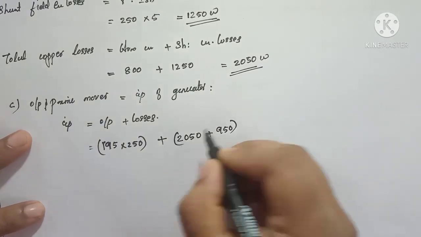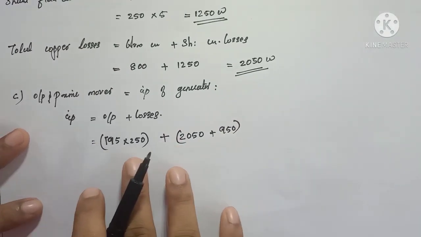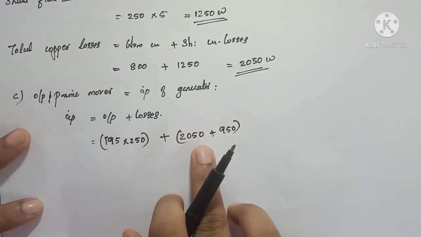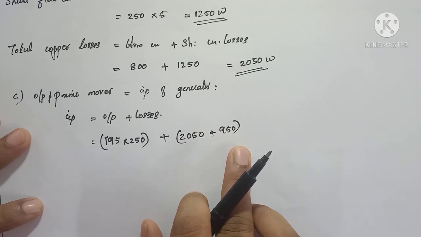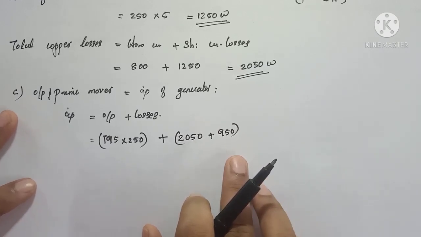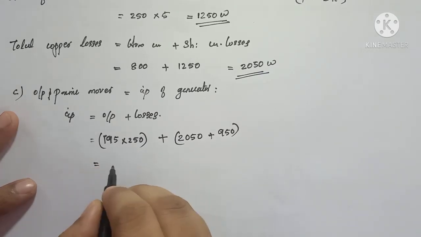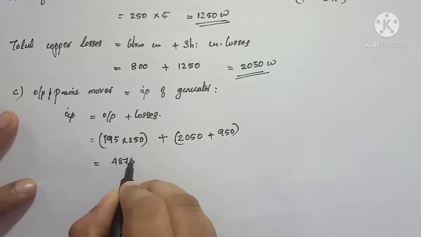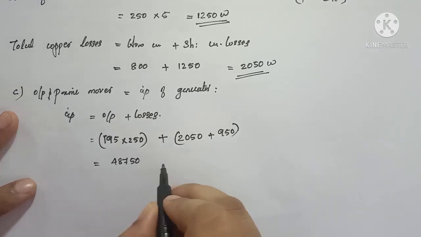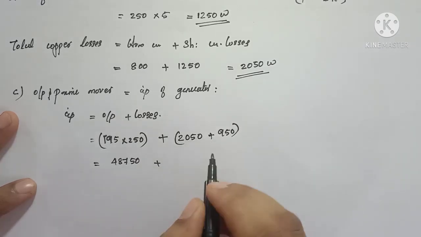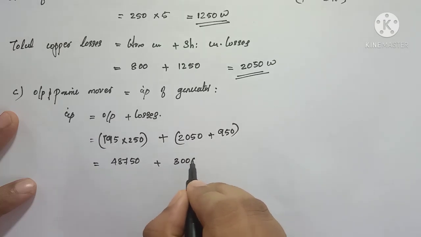So output is 195 into 250, and losses is total copper losses plus stray and frictional losses, and we will get 48750 plus total losses of 3000.